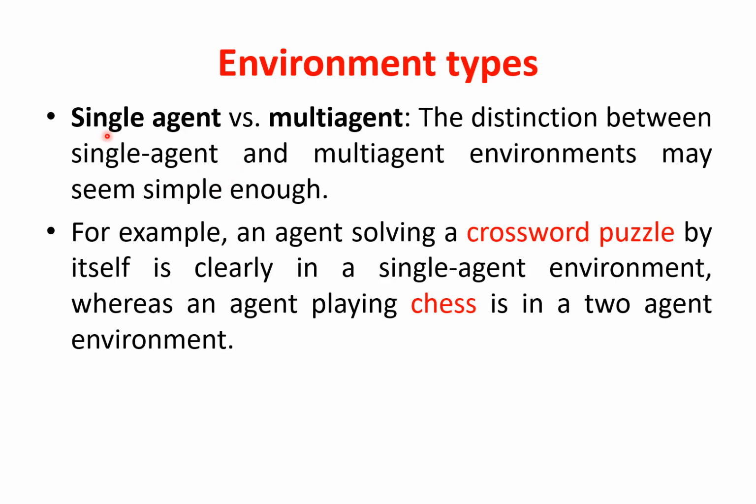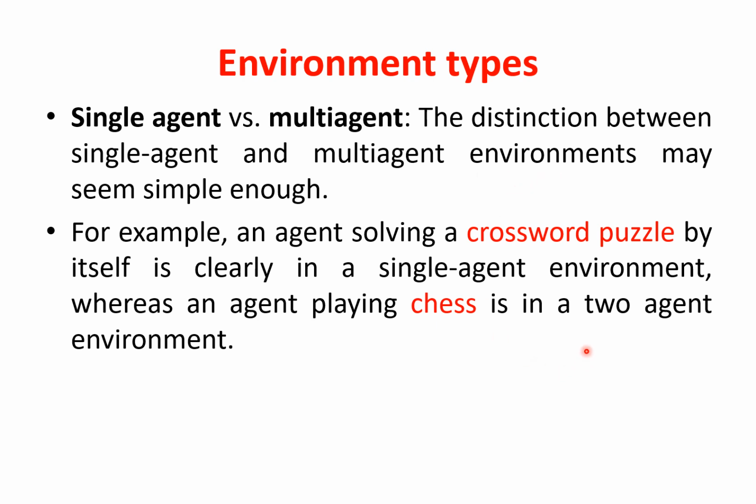The next one is single agent versus multi-agent. The single agent environment involves only one agent operating independently. For example, an agent solving a crossword puzzle by itself. Multi-agent environments involve two or more agents interacting with each other.